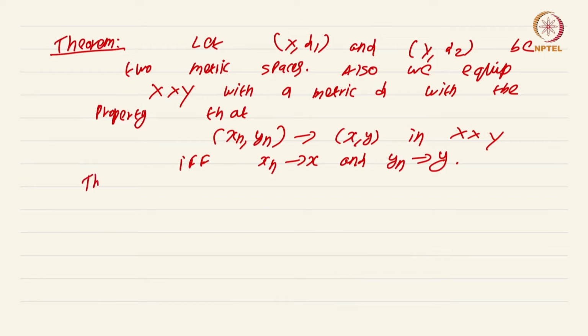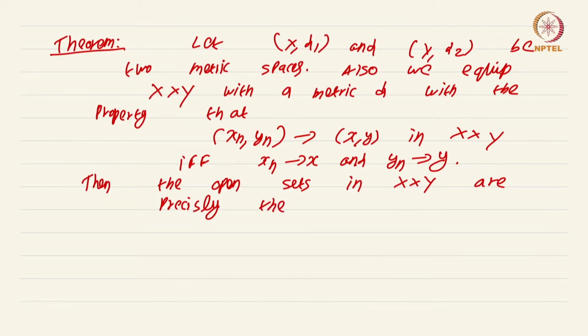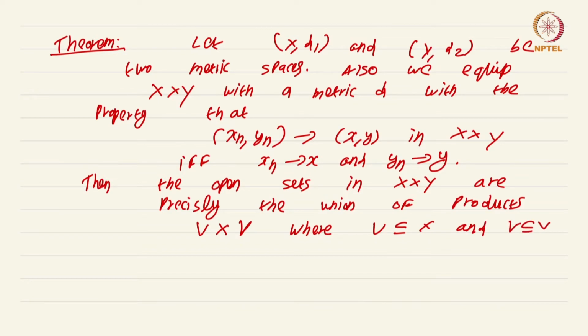Then the open sets in X cross Y are precisely the unions of products U cross V, where U subset of X and V subset of Y are open.